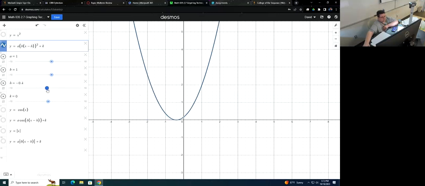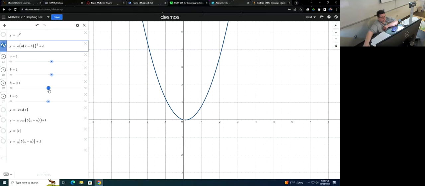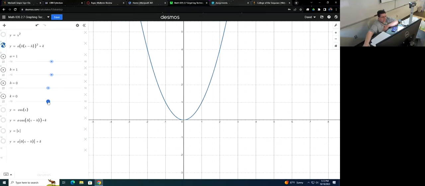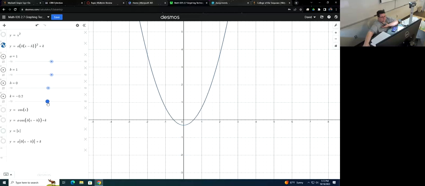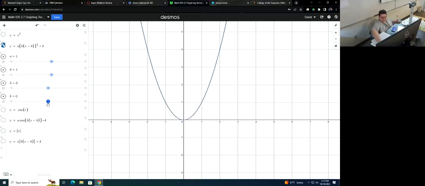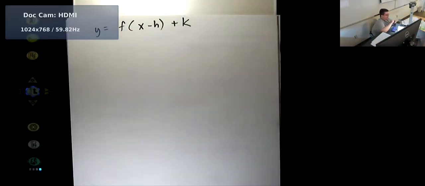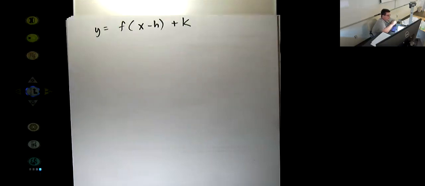Let's put that back at 0. And now K, as K goes up, what's going on with the graph? It goes up, right? And when K goes down, it goes down. So what's inside the parentheses moves it on the x-axis, and what's outside moves it up and down, right? Yes.